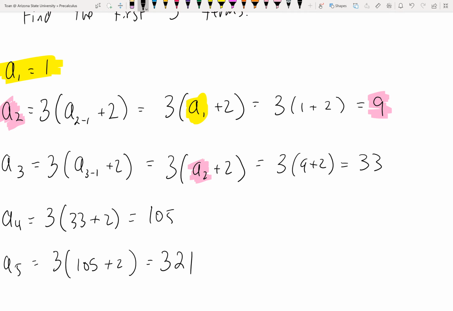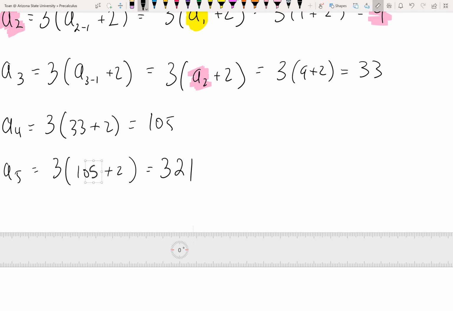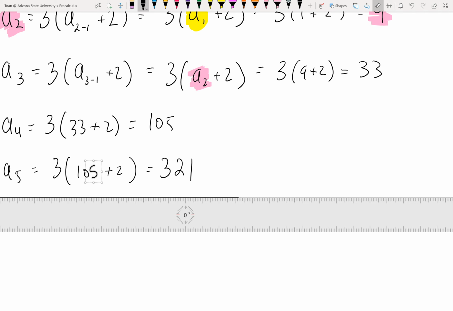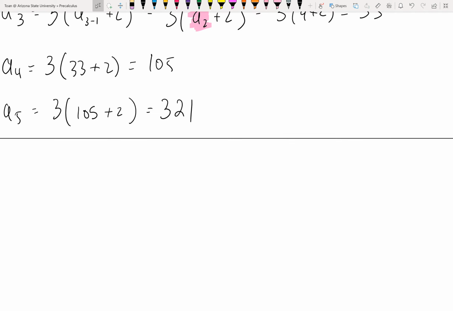Basically, you're going to have to use the previous numbers to your advantage. Now, again, when it comes to using recursive formulas, you always need at least one starting point. The rule of thumb is, however many previous terms the formula is defined by, that's how many seed numbers, that's how many starting numbers you need.